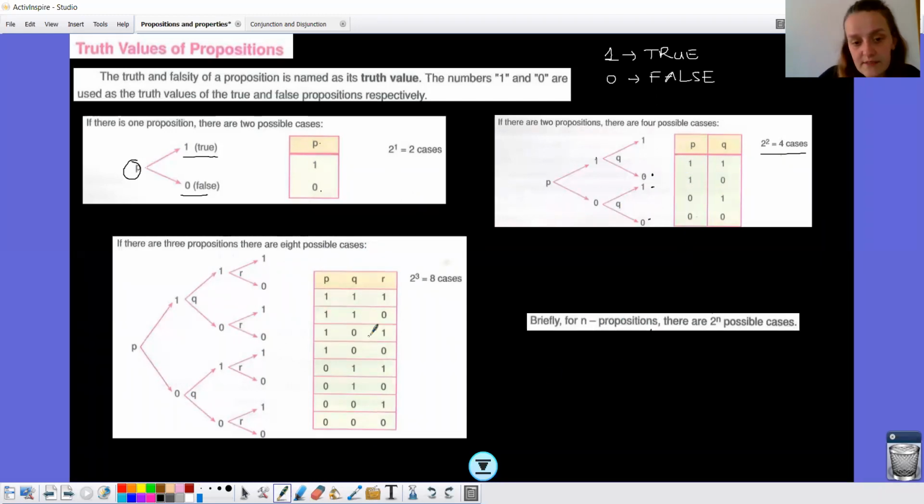For example, as you can see, it's written here, in 3 propositions. For the first proposition, we write 4 possibilities of true and 4 false. Then, as you see, 2 truths, 2 falses, 2 truths, 2 falses. In the third one, 1 true, 1 false. It goes like this. You need to know this arrangement, okay?